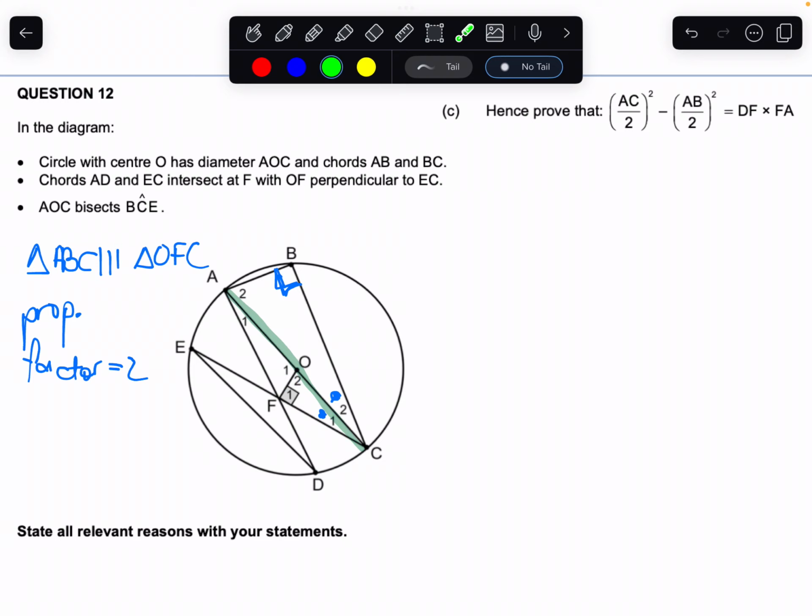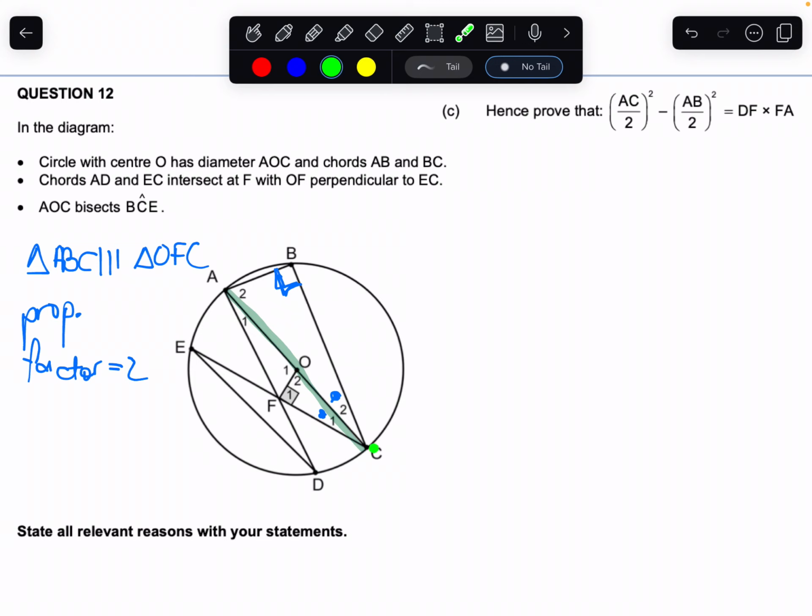So let's see now the last question. It says, hence, prove that (AC over 2) squared minus (AB over 2) squared is DF times FA. Okay, where is all this stuff?